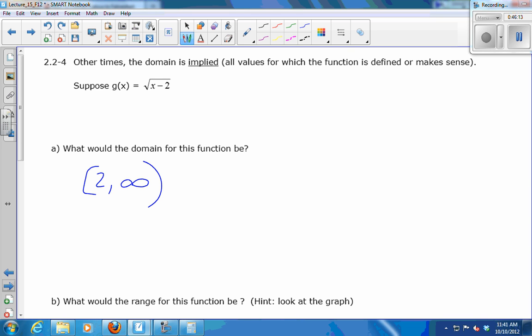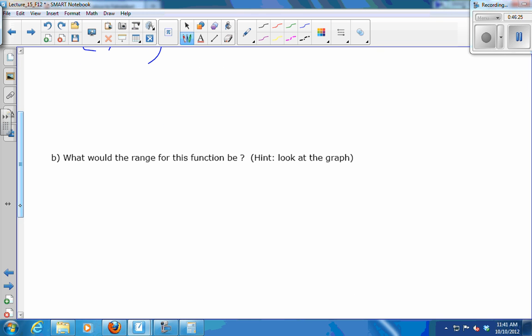Right, the square root of a number is always positive, right? The square root of 9 is 3. Square root of 100 is 10, right? So the square root of anything is always positive. So this is just all real positive numbers, including 0. I can get 0 if I plug in a 2.